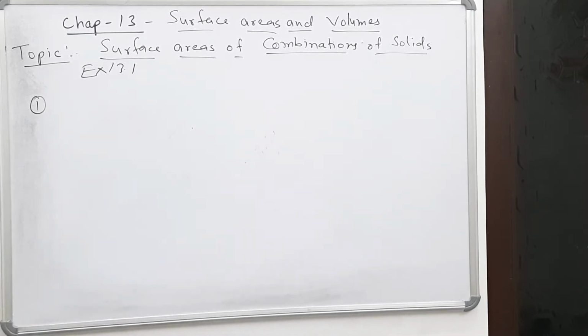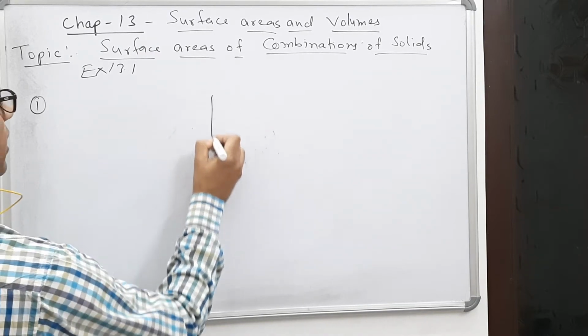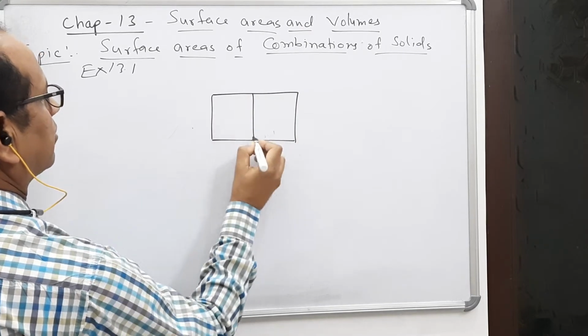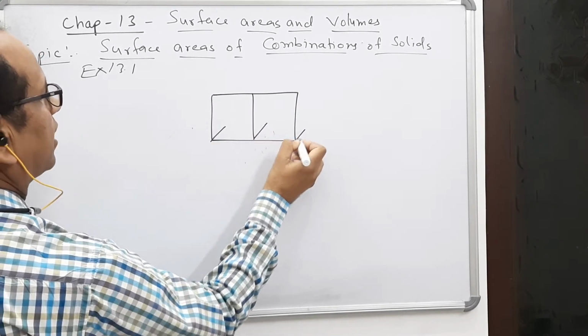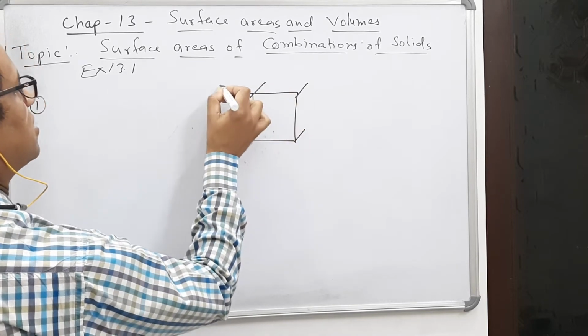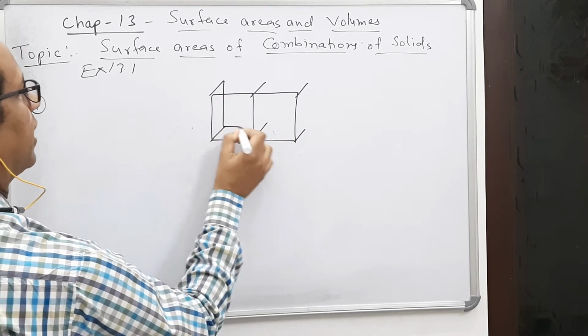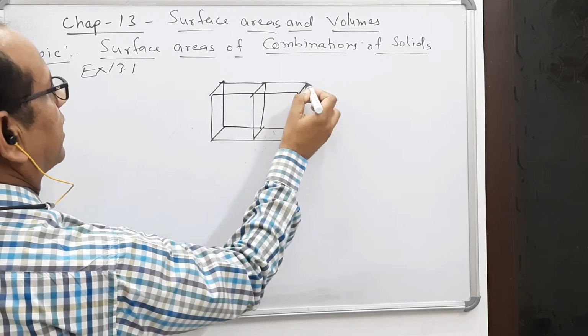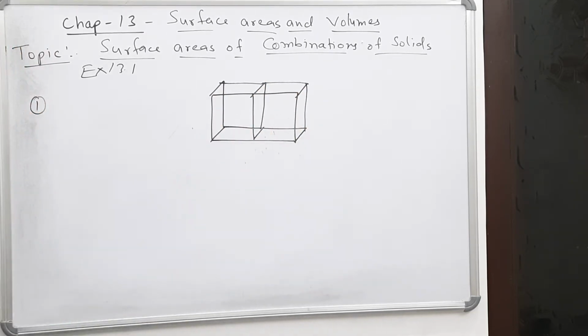Now see the first one: two cubes, each of volume 64 centimeter cube, and they are joined like this. This is the rough diagram; you can understand that two cubes are joined.